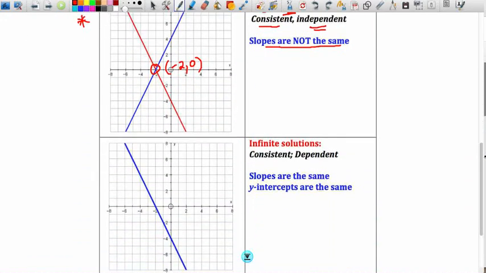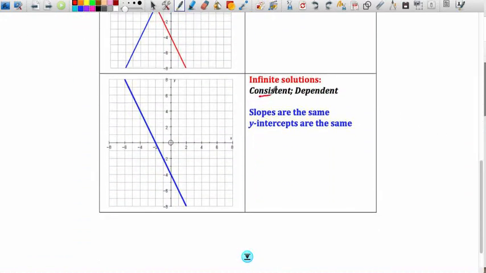The third possibility is that they are consistent, so we do have a solution, but we describe them as dependent because there are an infinite number of solutions. In other words, slopes are the same and y-intercepts are the same. As you can see from the graph, the two lines lie exactly on top of each other, and they essentially have the same equation.